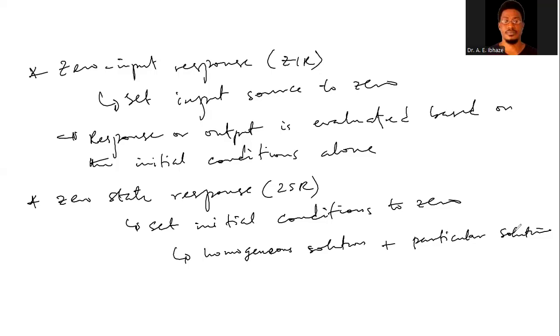The idea about the zero state response is that the response or the output is due to the input signal. So we have a forcing function. Recall that for the zero input response, the input source is set to 0, right?